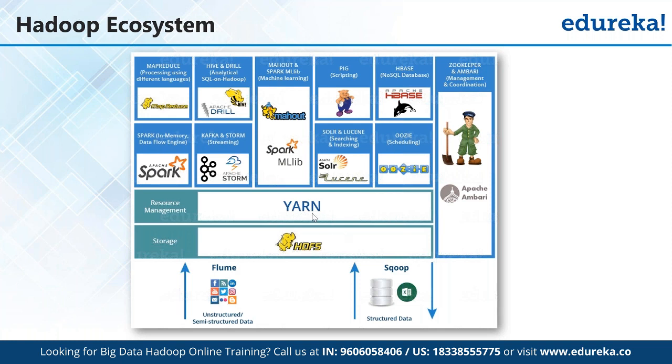YARN is the resource management layer to manage the resources of the cluster, and these are the processing layers on top: Spark, Storm, Spark MLlib, Pig, HBase, Hive, MapReduce, and so on. MapReduce we have already seen here.